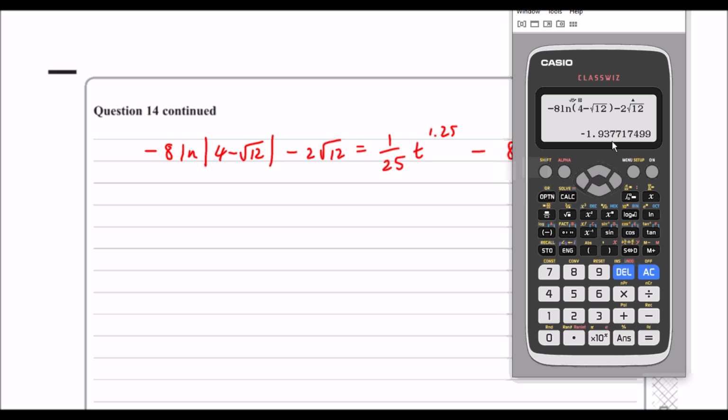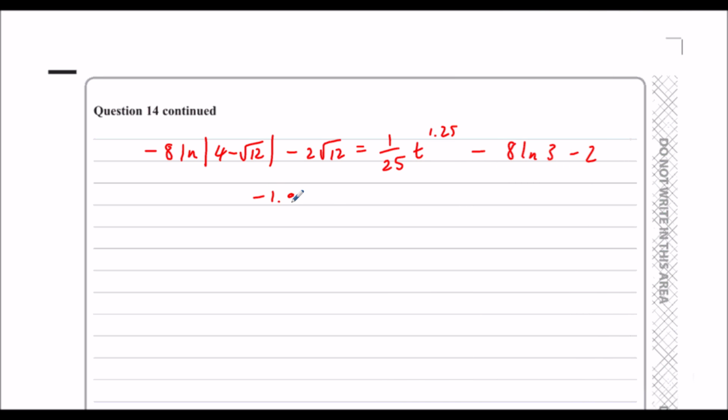So negative 1.9377. I'll store that. Negative 1.9377 equals 1/25th t to the power of 1.25 minus 8 ln 3 minus 2. So let's add these on.